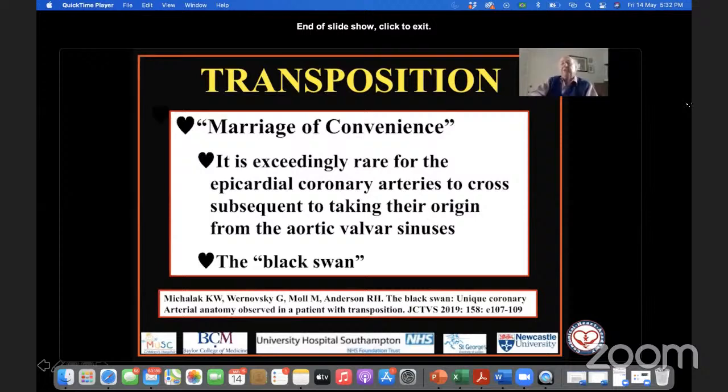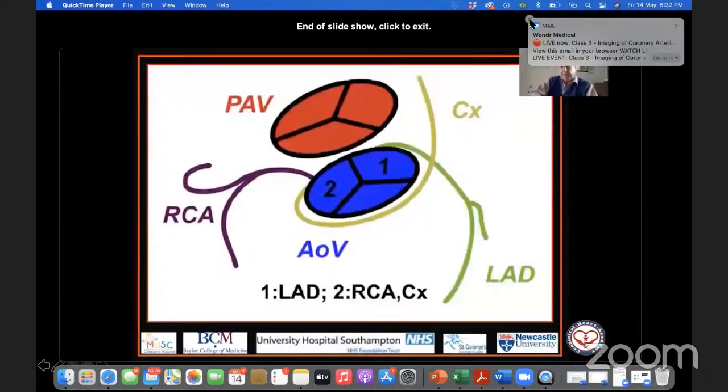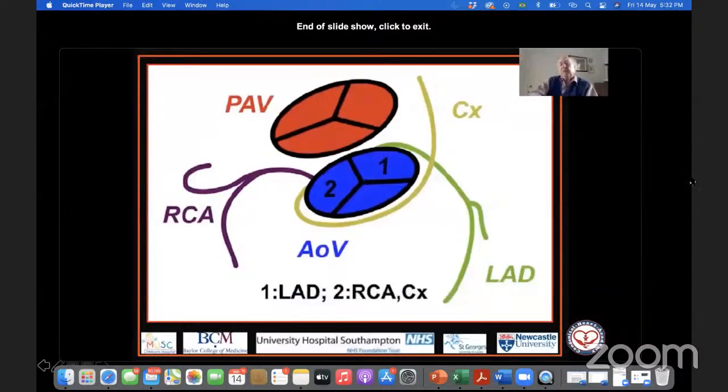And we called this the black swan, when we found a particular rare variant in the experience of the cardiac surgeons working in Łódź in Poland. And this is the work we published recently in the Journal of Cardiothoracic and Vascular Surgery. And this is the arrangement that was our black swan. Because if you look at the course of the circumflex artery, in this instance, it's passing in front of the aortic root, an antero-aortic course, and it is crossing the territory of the anterior interventricular artery.